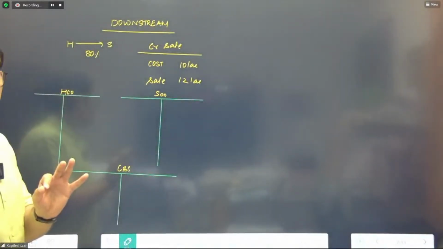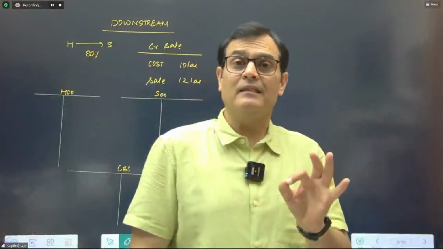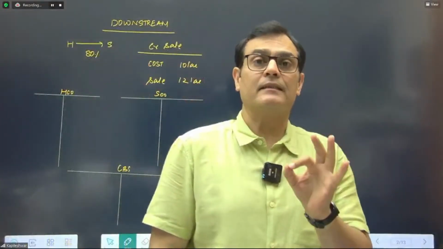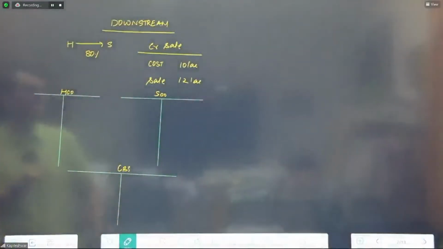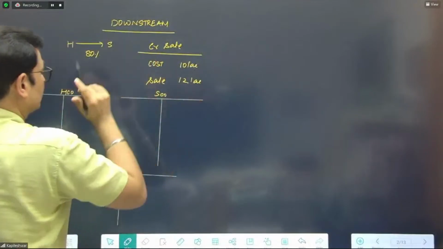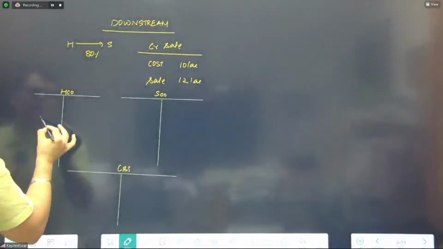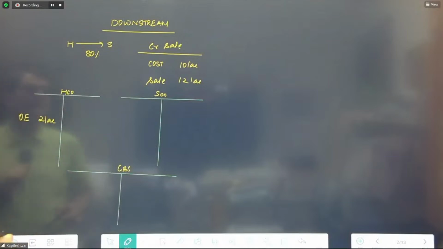Now, we need to visualize the impact of this transaction in the books of the parent and in the books of the subsidiary. Remember, we're focusing on downstream. When the parent company made a sale to the subsidiary, he made a profit of 2 lakhs on the deal, which would be a part of the other equity in the balance sheet of the holding company.